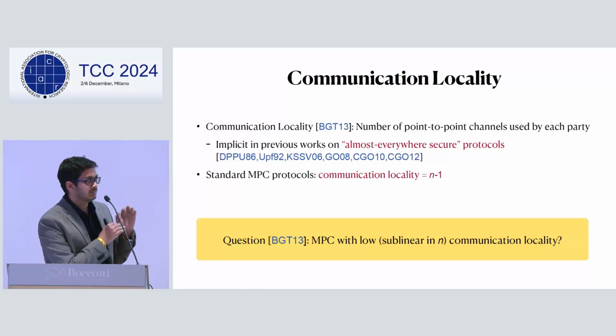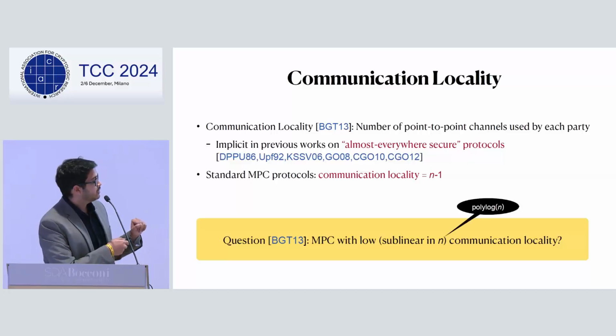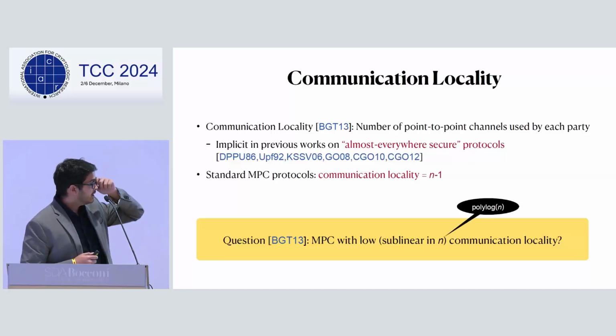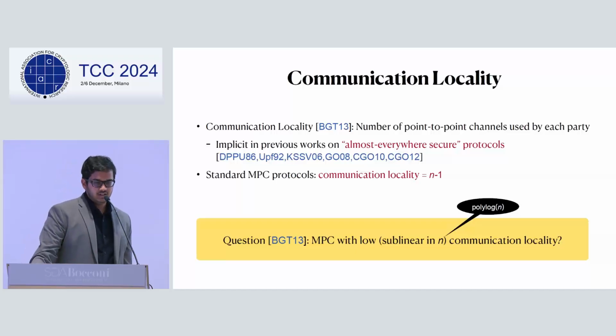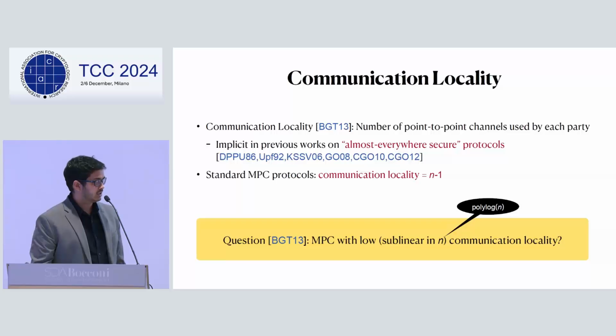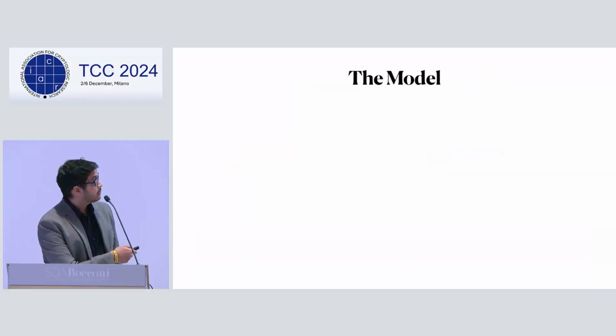We want to go for sublinear locality, so we assume a different model, which will become clear in a moment. And for this talk, I'm going to use sublinear synonymously with polylogarithmic, because it turns out that you need strictly greater than logarithmic connectivity for this kind of MPC. And this is just going to be called communication local MPC, or CLMPC for short.